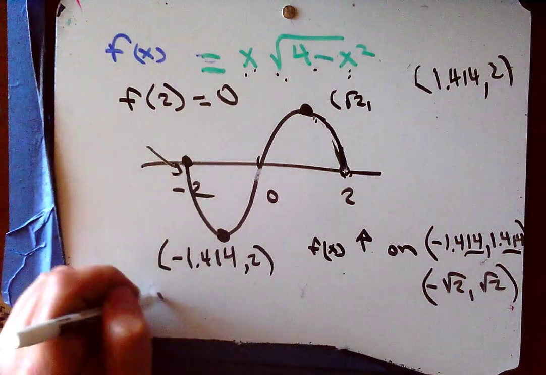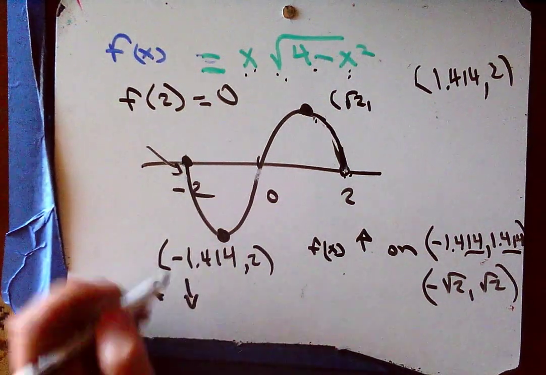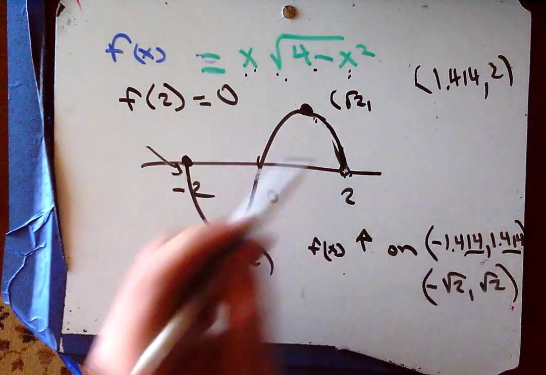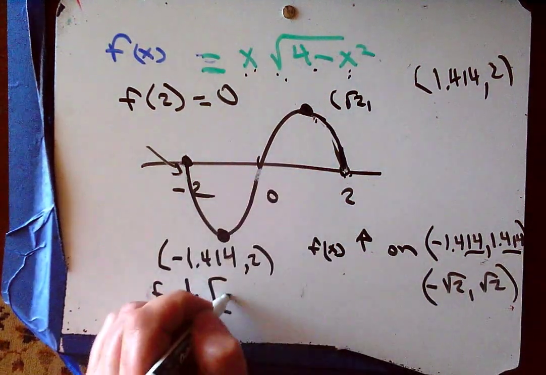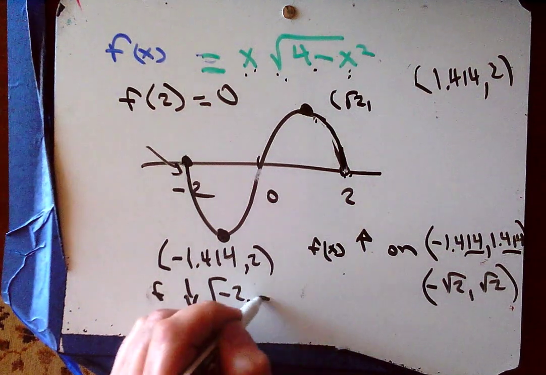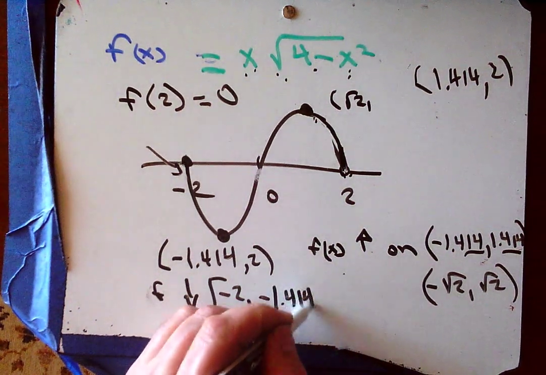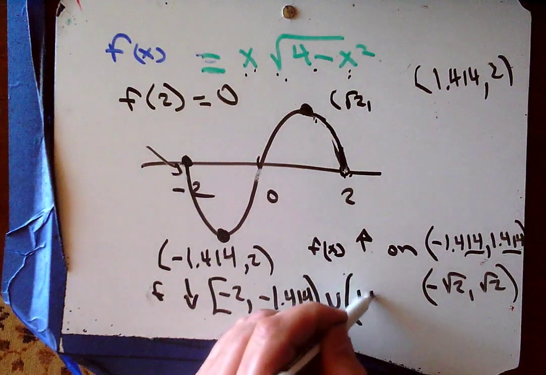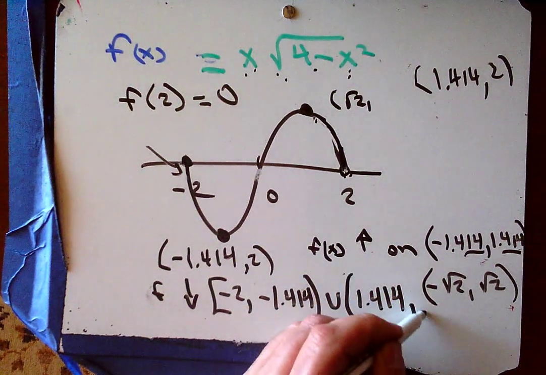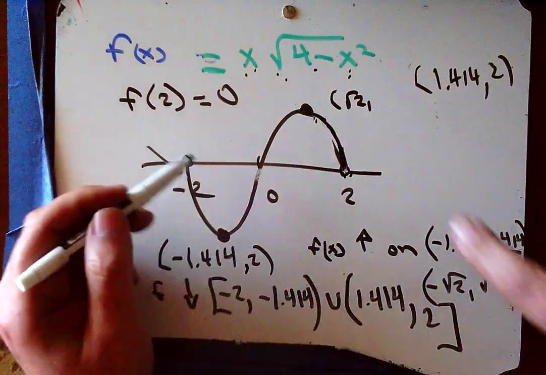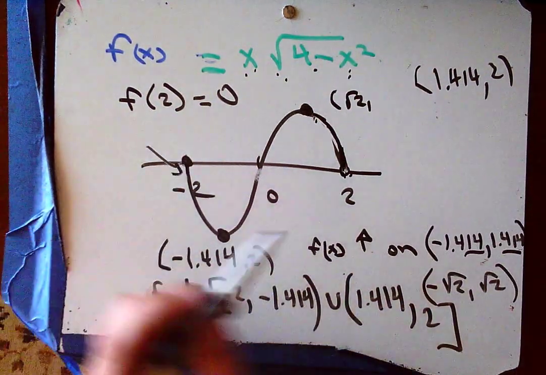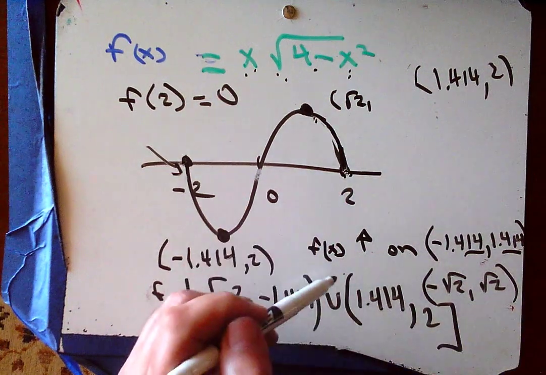What about f decreasing? Well, I see negative slopes over here, and I see negative slopes over here. So my function is decreasing from negative 2 to negative 1.414, union 1.414 to 2. The endpoints are getting brackets because I'm decreasing at that point, and I'm decreasing at that point.